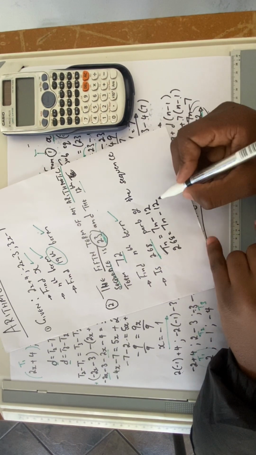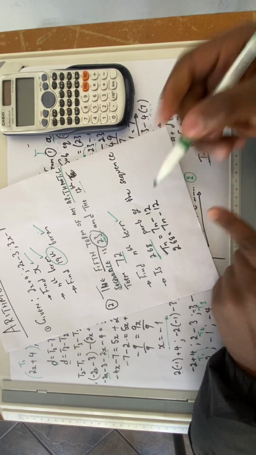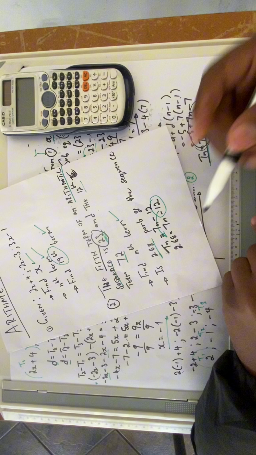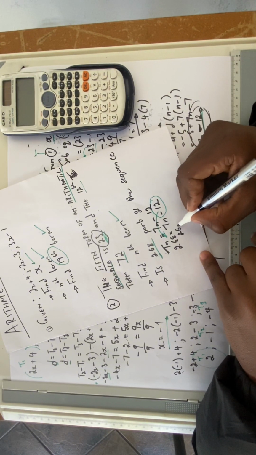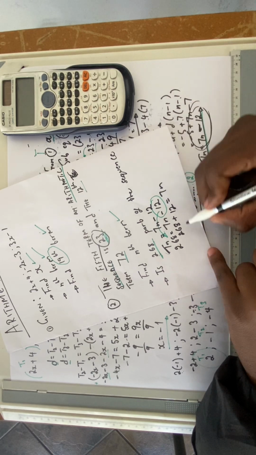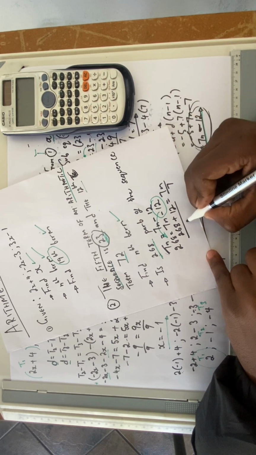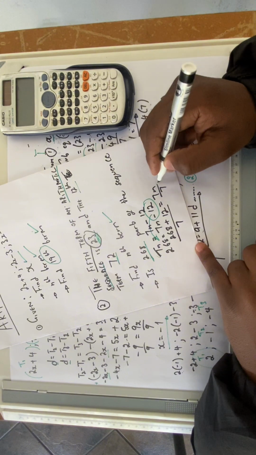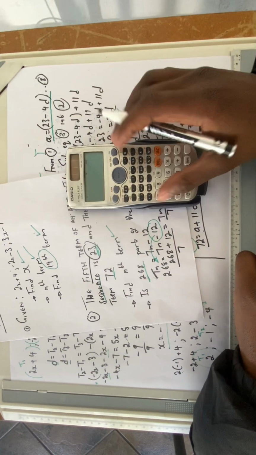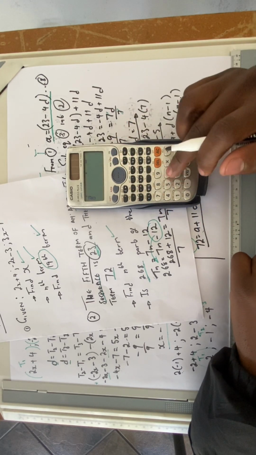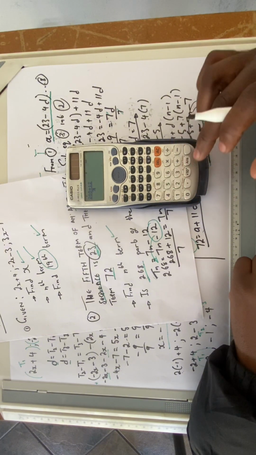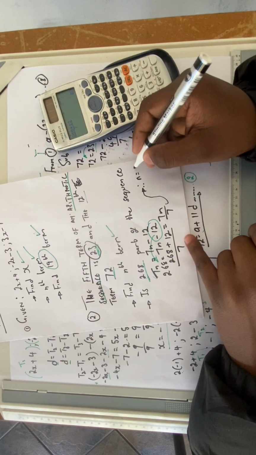So now that I have done that, I take what? Yes, I'm going to take this to the other side. It is negative, it will become a positive. So I'll have what? 268 plus 12 is equals to 7n. I will divide both sides by 7 so that I get my n. Therefore, n is equals to what? 268 plus 12 divided by 7 gives me 40.